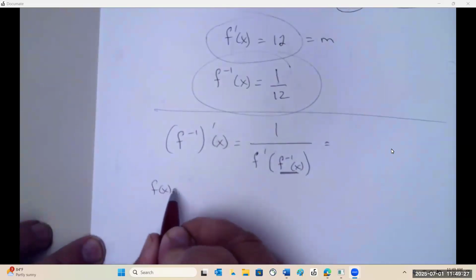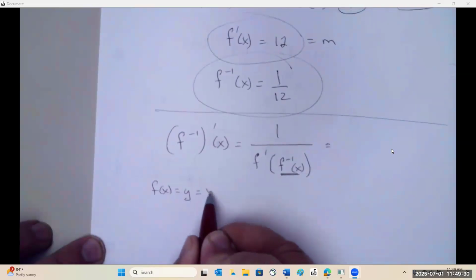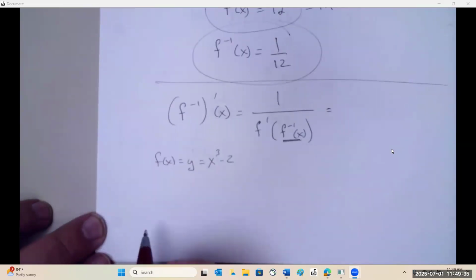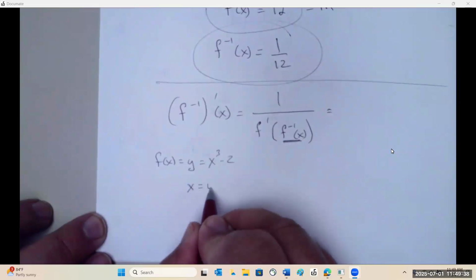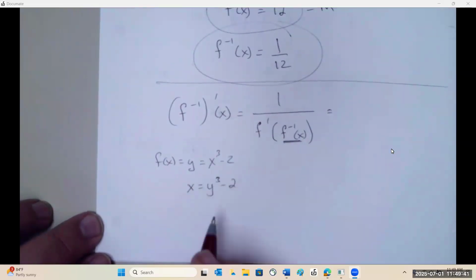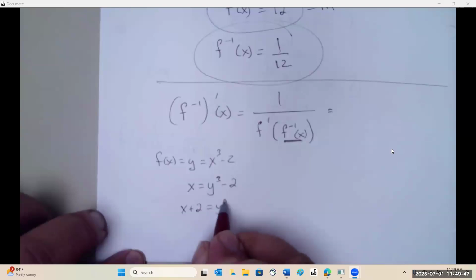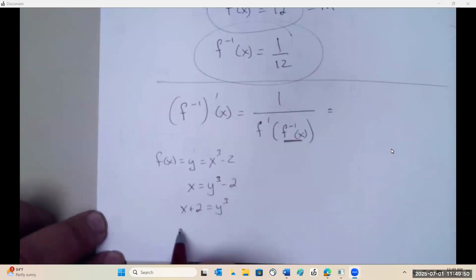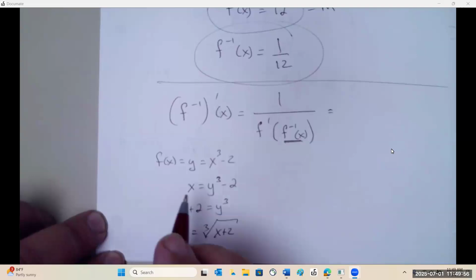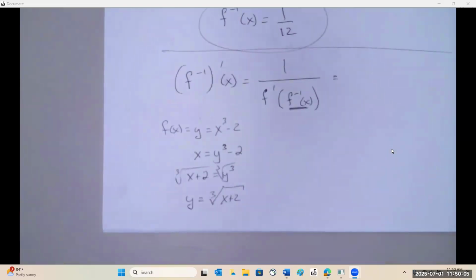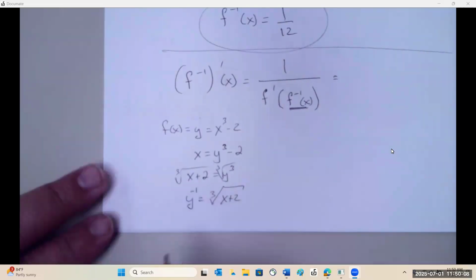Since f of x is equal to y is equal to x cubed minus 2, we have to find f inverse. So switch x and y and solve for y. X plus 2 equals y cubed. Y is equal to the cube root of x plus 2. This is my inverse.